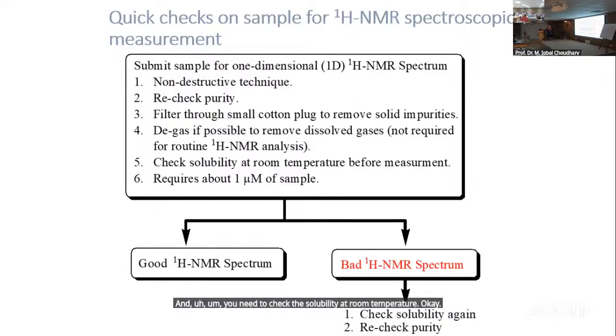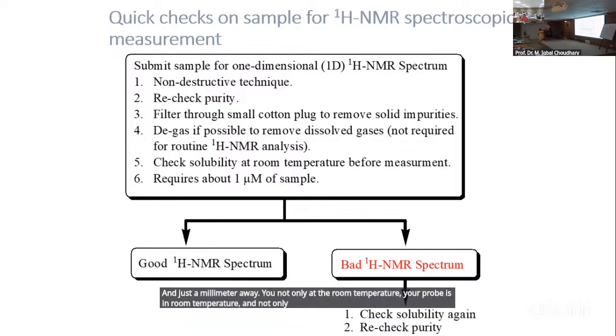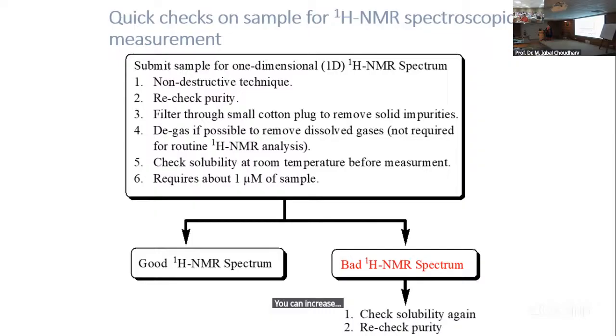Okay, here, as Dr. Iqbal was also mentioning in his lecture, that is an extremely advanced and fascinating technique. You have minus 269 Celsius, and just a millimeter away your probe is at room temperature, and not only at room temperature, you can increase the temperature. You can increase it up to before the boiling point of the solvent. You cannot increase the temperature if the solvent starts boiling, because then you cannot record it.